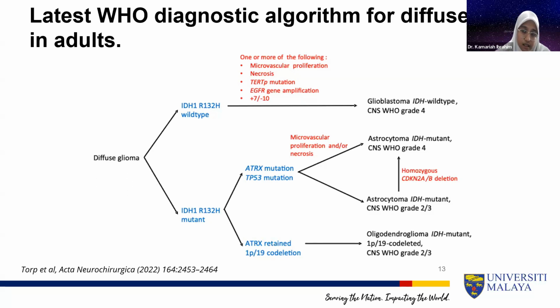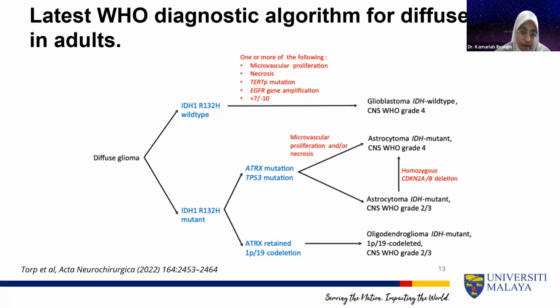Specifically, by looking at the R132H mutation. The reason why this mutation is being looked at is because it is much more prominent in GBM.